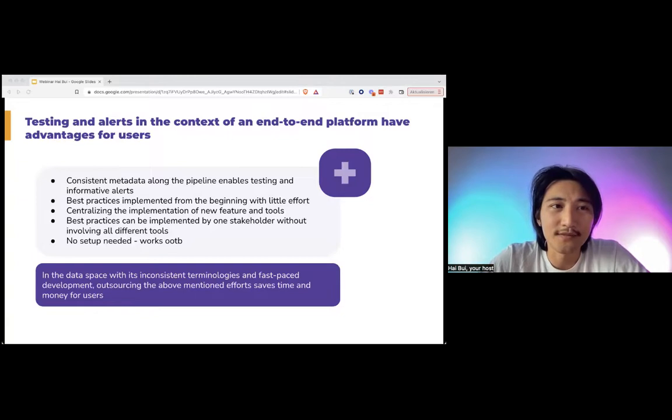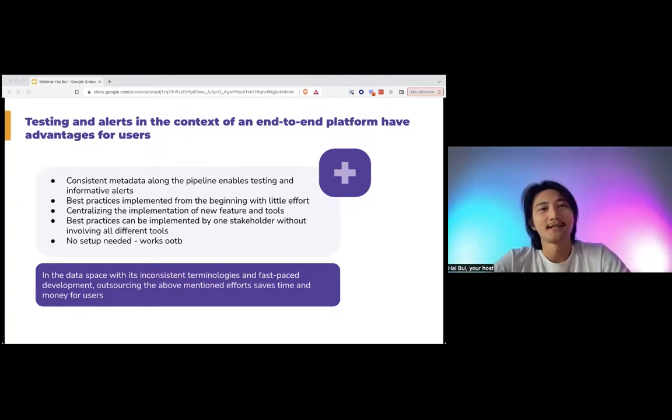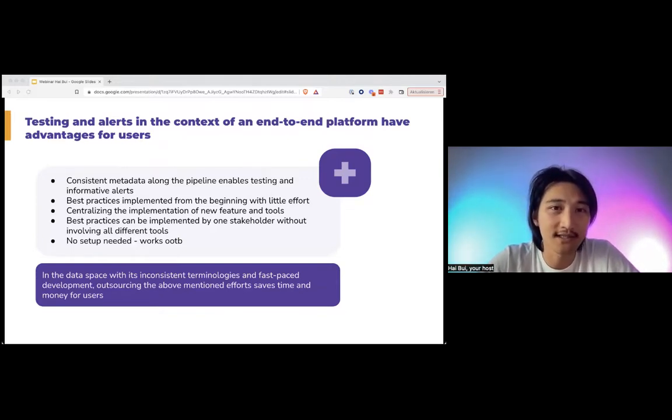The other thing is, what are the pros of having an end-to-end data stack platform? What are the advantages for the users? Let's start with a downside.